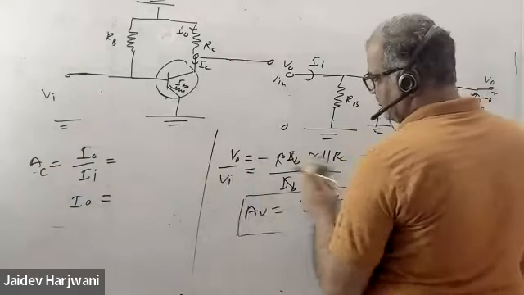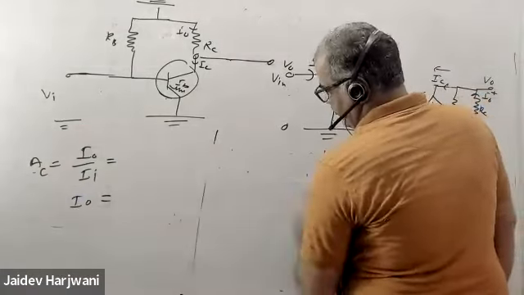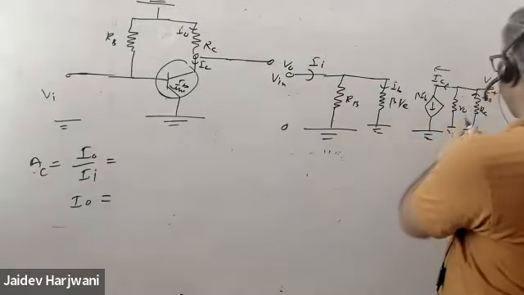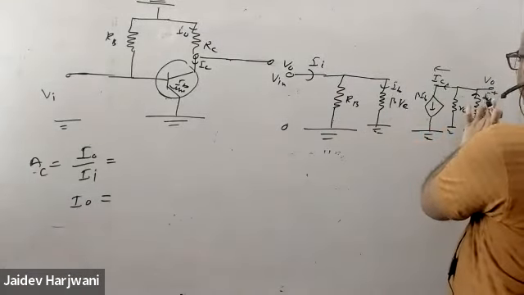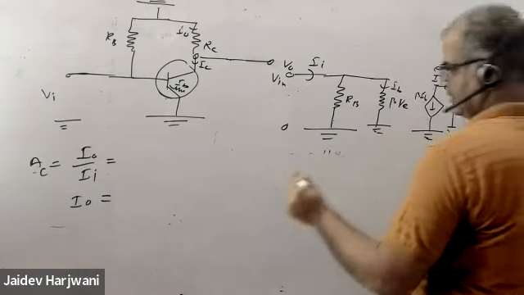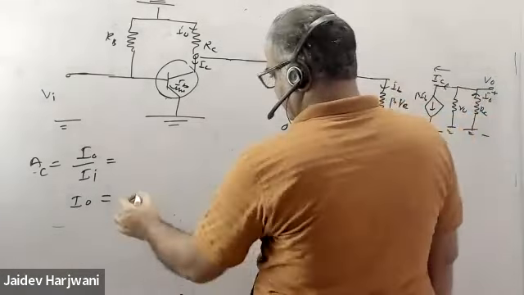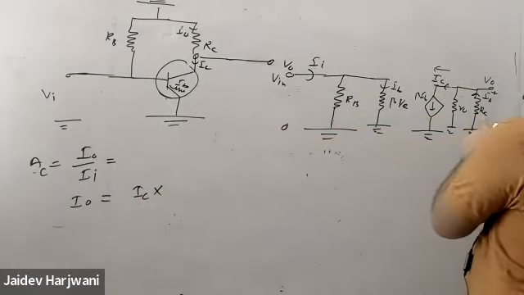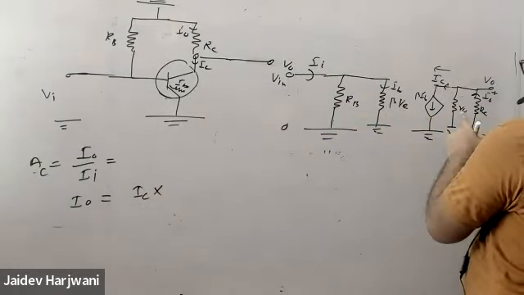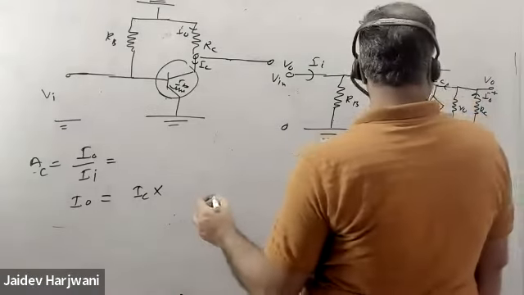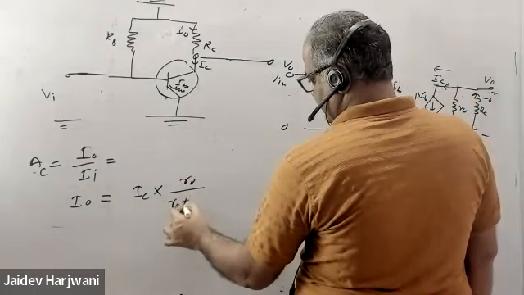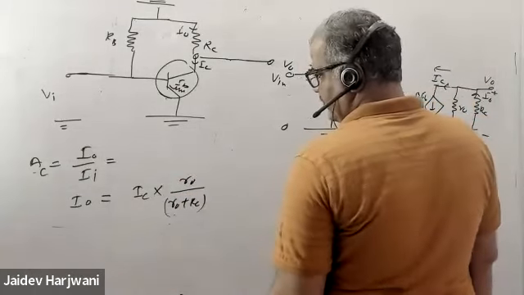So if you want to calculate I naught, I know the total current. So I naught will be simply total current IC into, if I want current in this resistance, I need the resistance of this one. So R naught upon R naught plus RC. This is your I naught value.